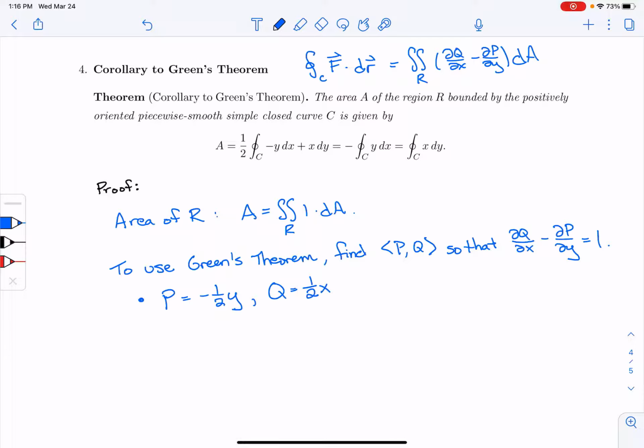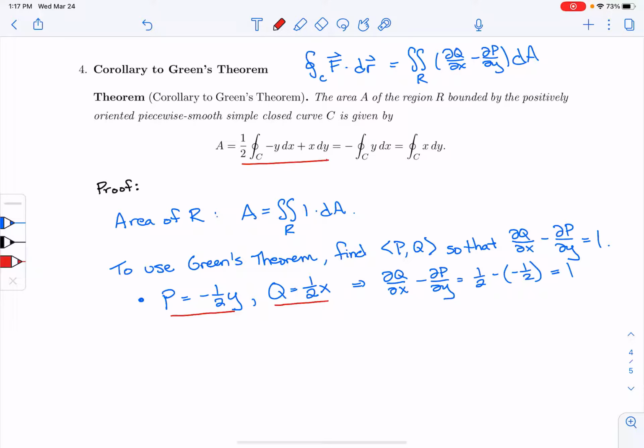In that case, dQ/dx is 1/2, minus dP/dy, which is a negative 1/2, and that equals 1. And so if we set up the left-hand side with P equal to negative 1/2 y and Q equal to 1/2 x, then the integral of F dot dr around C is going to look like that integral.